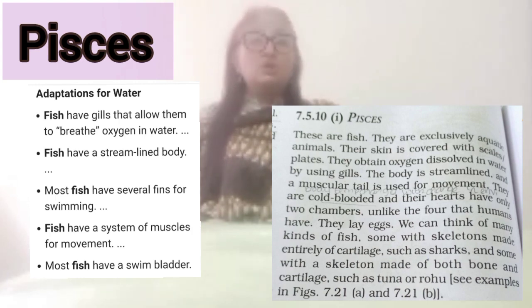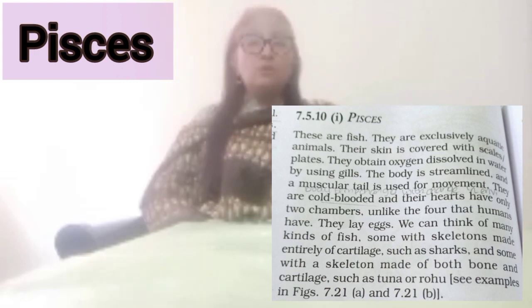They have a 2-chambered heart. They are cold-blooded animals. They lay eggs in water. Fishes, as I told you, have 2 types of skeletons. Some of them have a skeleton only made of cartilage.